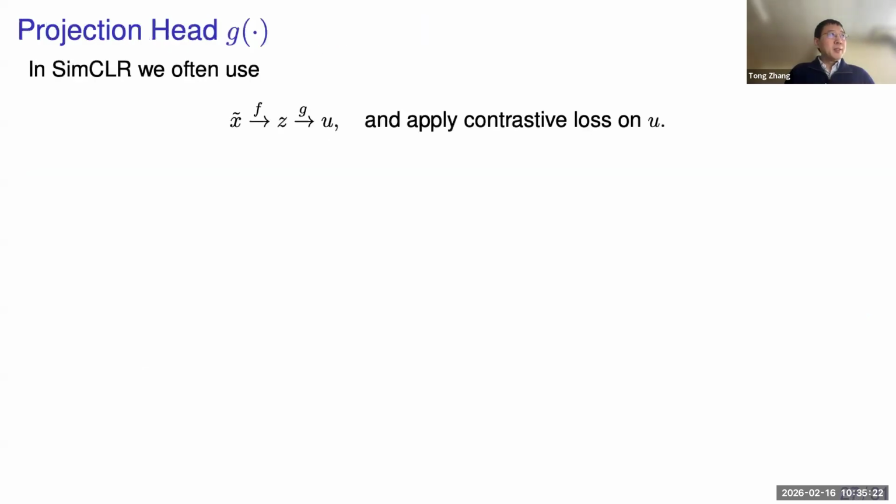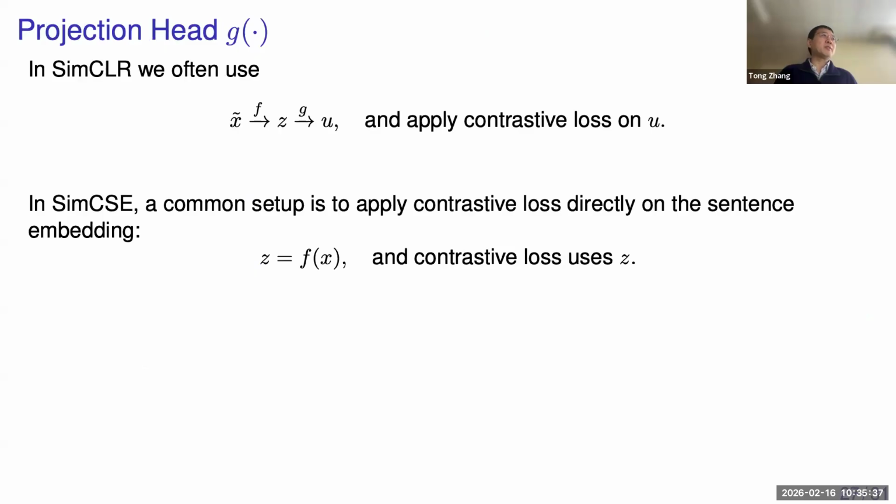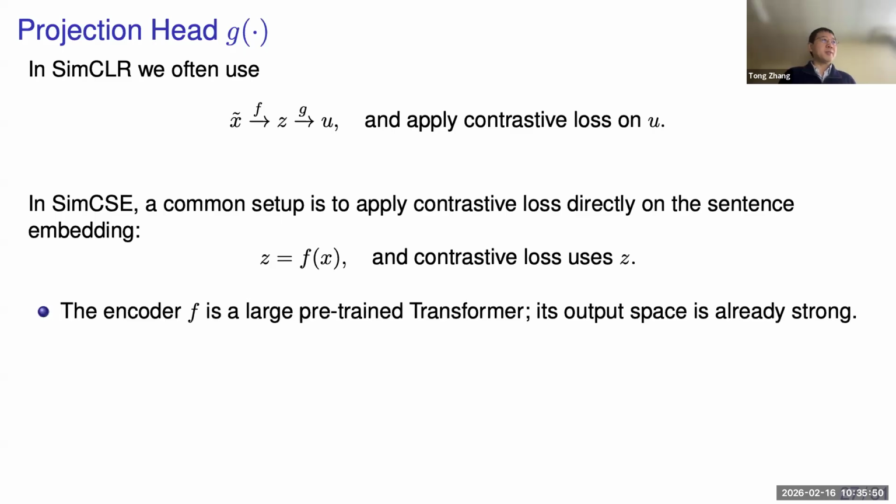Projection heads. There's another difference. We can ask, do we need projection heads? The claim is you could still use them, but they said it's not as important as in the original SimCLR paper. In SimCLR they claim this is very important, and here it's not necessarily important.